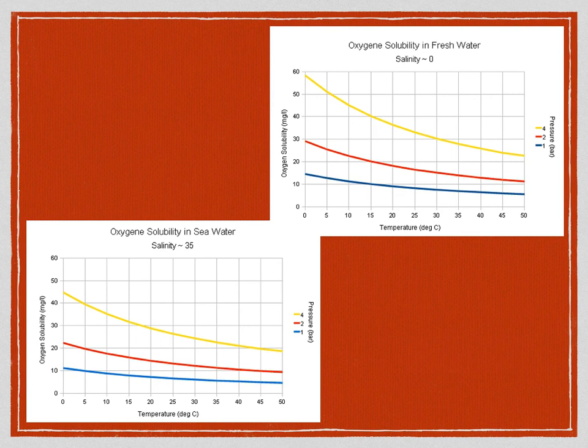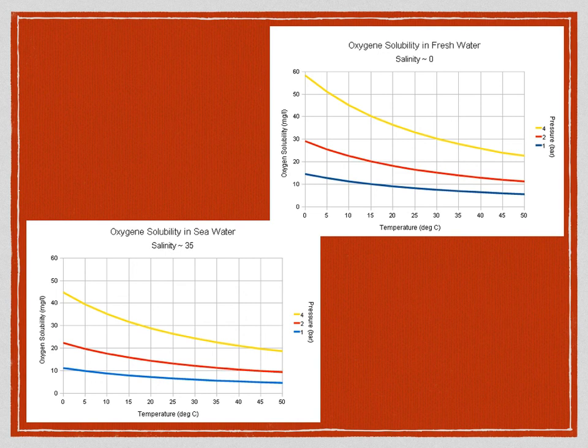A couple of other interesting graphs here are the solubility of oxygen in water. Here we have freshwater versus seawater in the two different graphs, and we have the curves at three different pressures. We're looking at that blue line, which is at atmospheric pressure in both graphs.